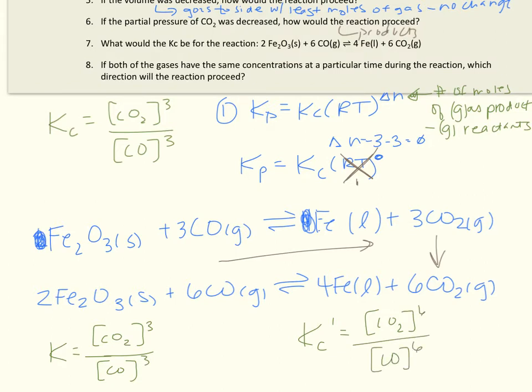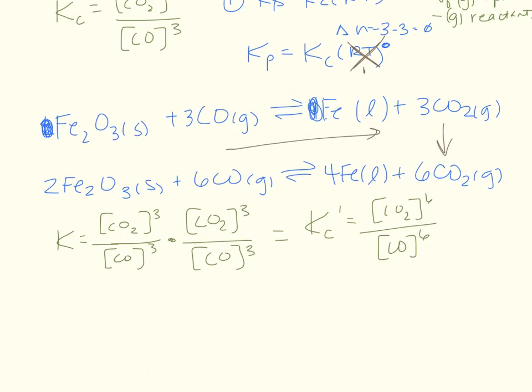And so you can see a lot of students want to say that it's doubled, that it's 2K, and it's not, because going from here to here, it is not doubled, it's squared. So we could take this and multiply it by itself, and we would end up getting Kc prime. And so that means that Kc prime is equal to Kc squared, because we've got 2 of them, it's squared.